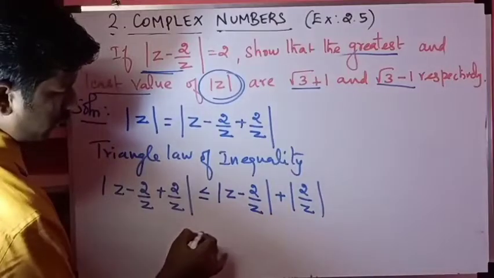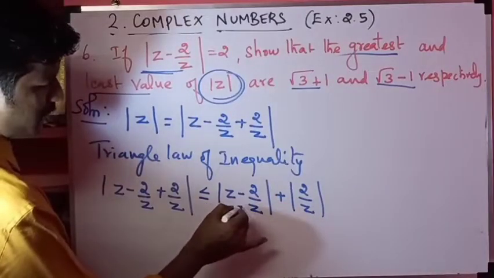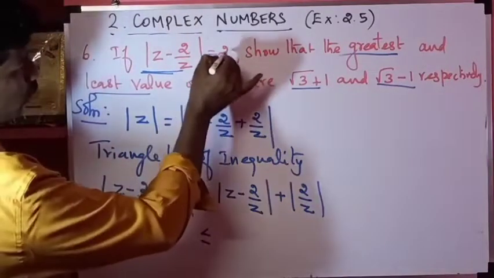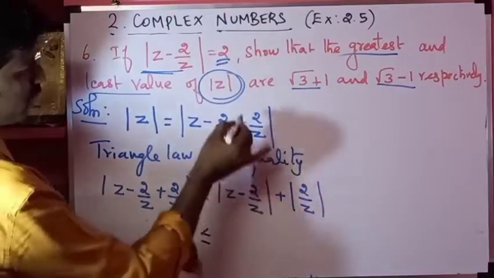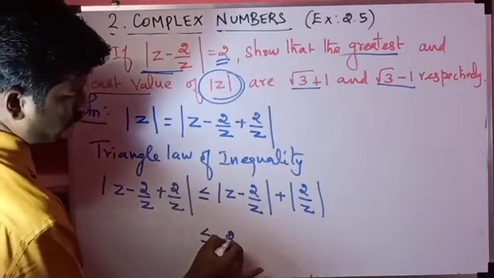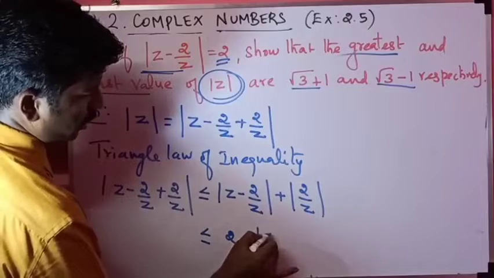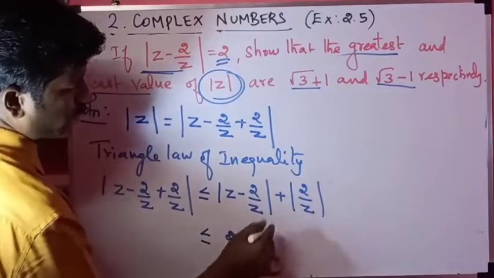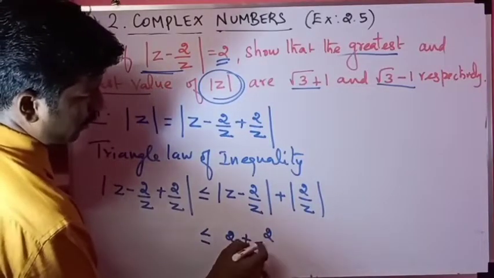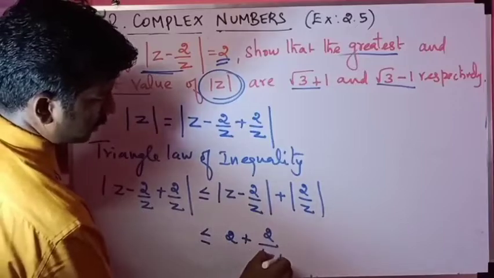Now less than or equal to, this can be written as: look, this is given as 2. Modulus z minus 2 by z is equal to what? 2. This is 2, plus this is modulus. The modulus of this 2 we can write as it is, right? Divided by, for this alone we can write modulus z.